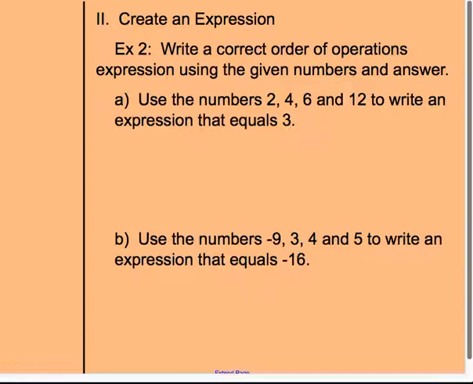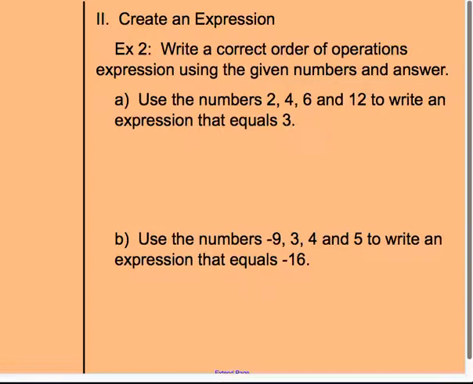So what I would start to do is mess with some of the numbers to see how they might get me to 3. Well, I know 12 divided by 4 gets me to 3, but I still have this 2 and 6 to work with, and I don't know that I can keep it at 3. So I probably don't want to do 12 divided by 4. So I could think about if I could get 2, 4, and 6 to stay as 4, but that 4 in there might throw me off a little bit.